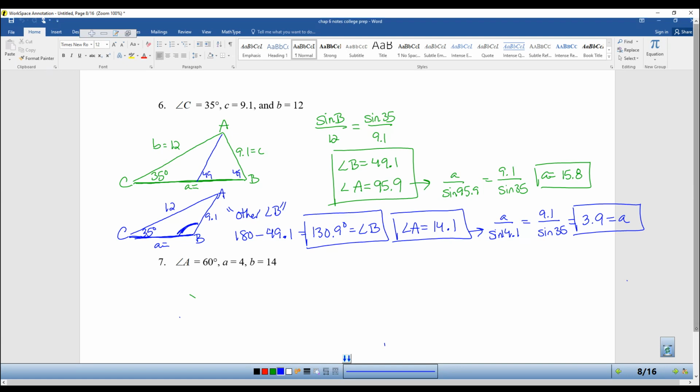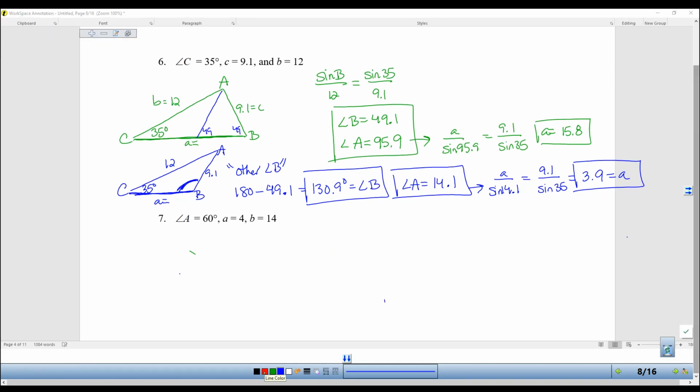Number 7. So I always start with this angle in this corner. Here's 60 degrees. B is going to be over here, which is 14, and A is going to be 4, which is smaller than 14.